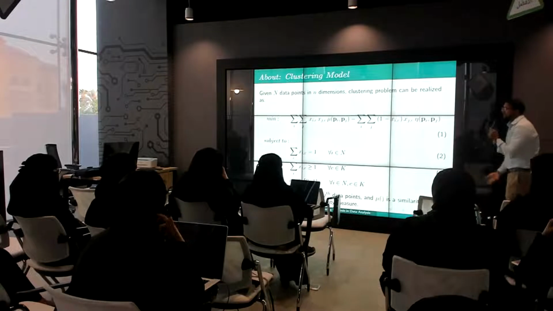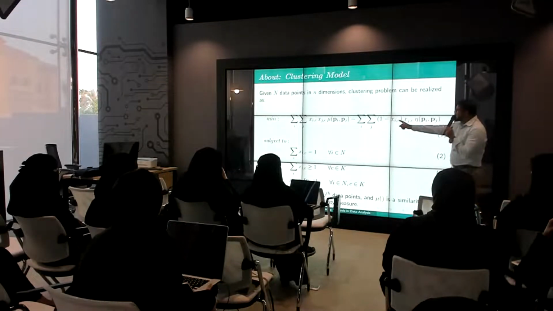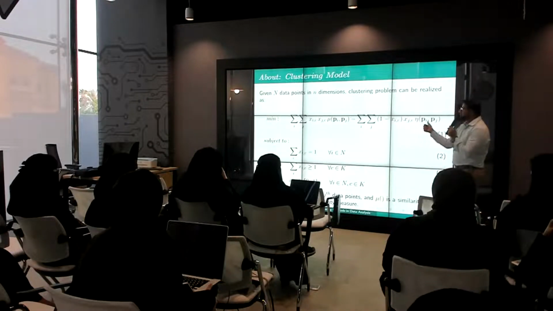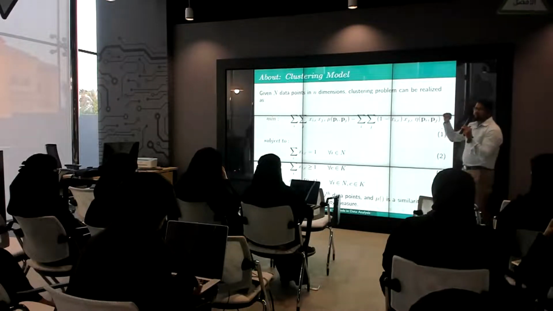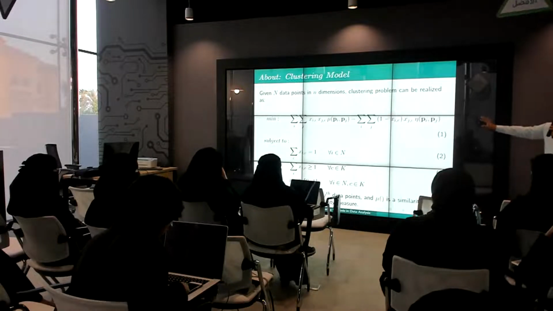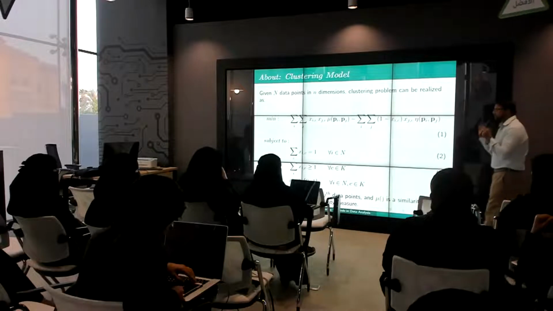What are you trying to maximize? If i doesn't belong to the same cluster as j, then maximize some dissimilarity, and that dissimilarity is captured by function theta. And that's it. This is the basic mathematical model that can be applied to any partitioning type of clustering algorithm.